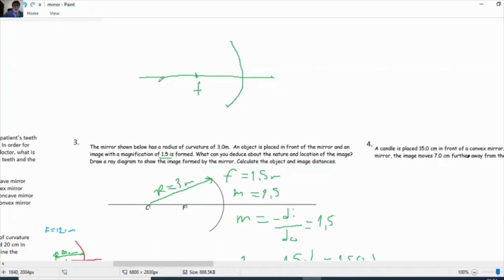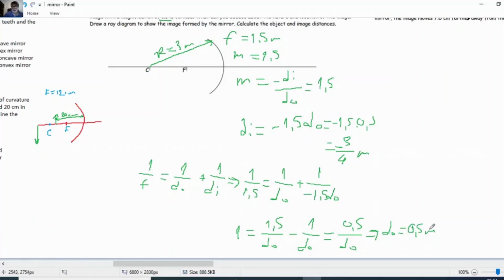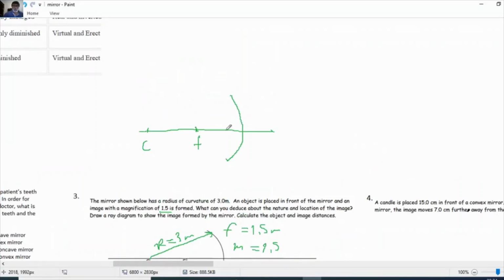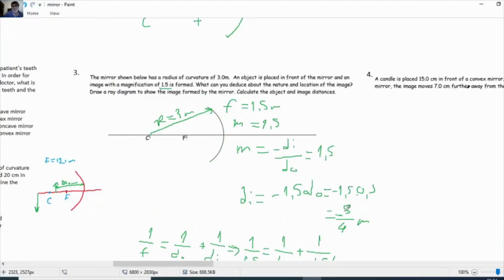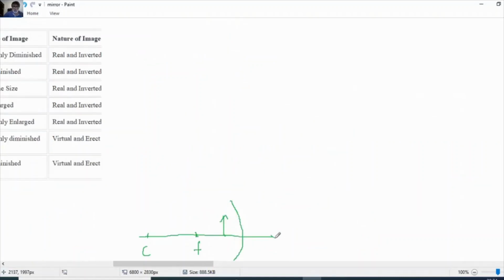The focal point is here, and the center is somewhere here, but we know that the focal length is equal to 1.5, and we found that the object is 0.5 meter away from the mirror. The object is going to be somewhere here, and we found that the image distance was negative 3 over 4. It is going to be equal to negative 0.75 meters.